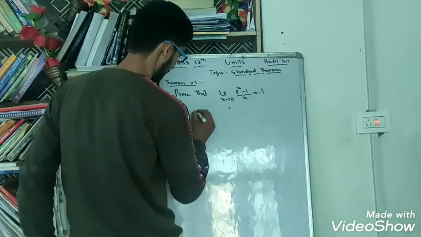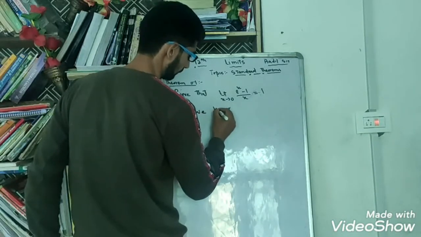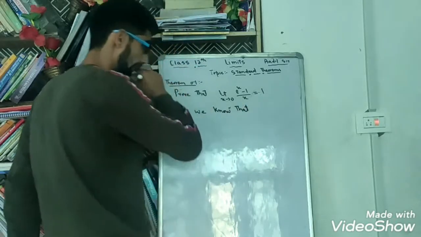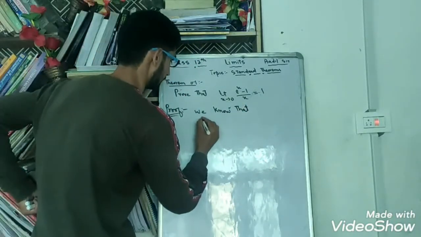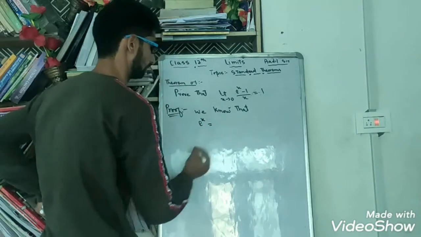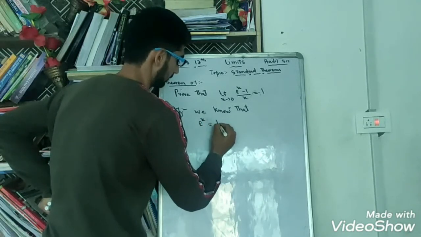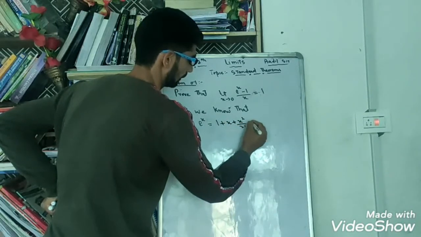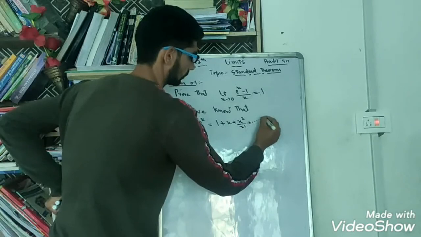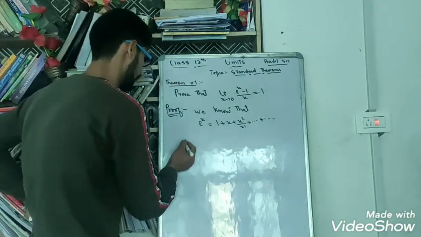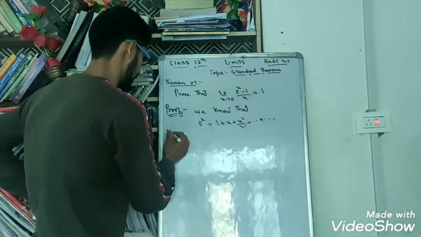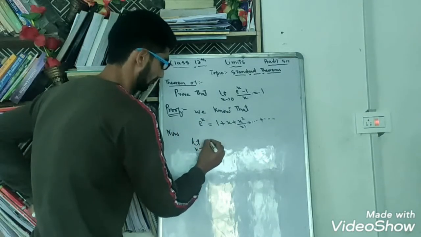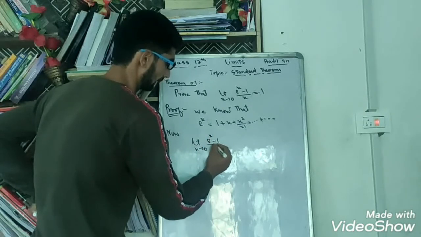We know that e raised to power x is equal to 1 plus x plus x square divided by 2 factorial plus so on. Now limit x tends to 0, (e raised to power x minus 1) divided by x.